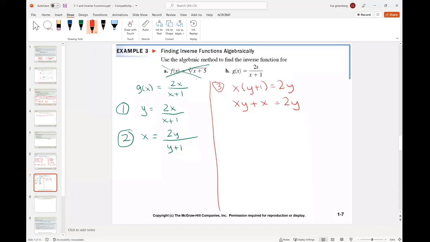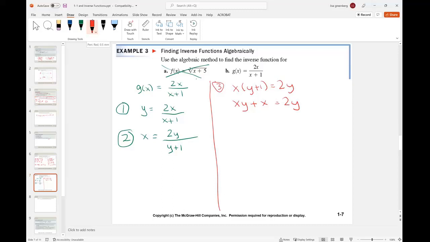You rarely want to divide by a variable, because unless you know that variable is not going to be 0 ever, if I divide by y and y turns out to be 0, I've just divided by 0 and nothing I do after that will be true. So we really don't want to divide by variables.